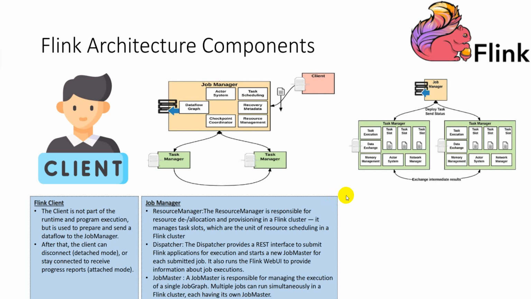The task managers, also called workers, execute the tasks of the data flow, and buffer and exchange the data streams. There must always be at least one task manager in the Flink cluster.